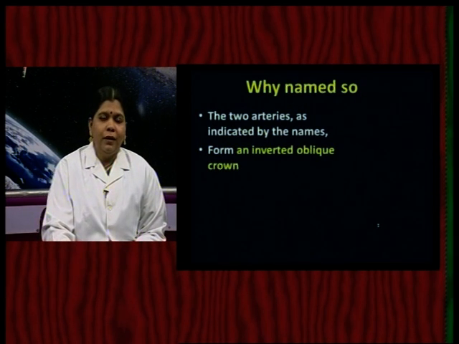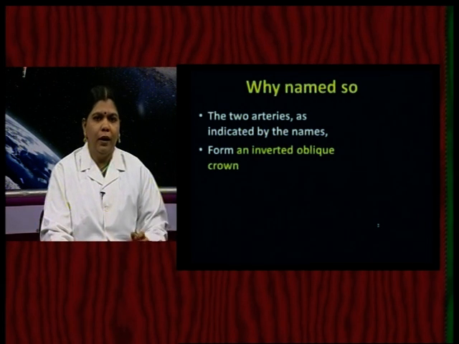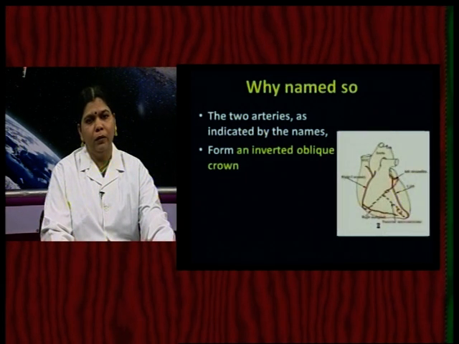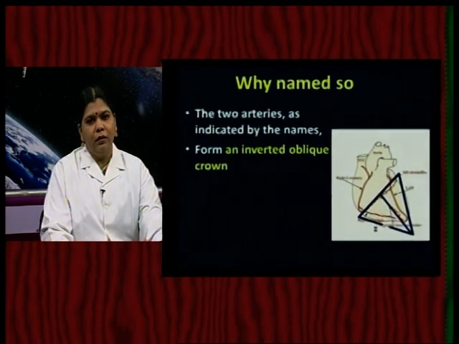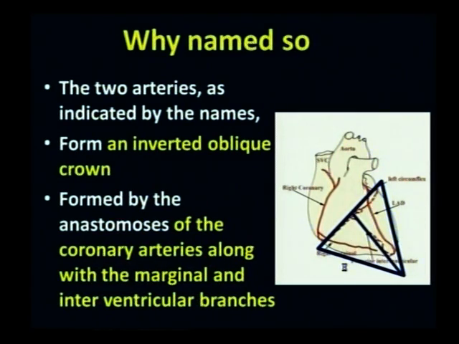Why are the coronary arteries called coronary arteries? Because they form an inverted oblique crown. As we see in this picture, this is how the coronary arteries and their marginal and interventricular branches anastomose and form the shape of an inverted oblique crown.